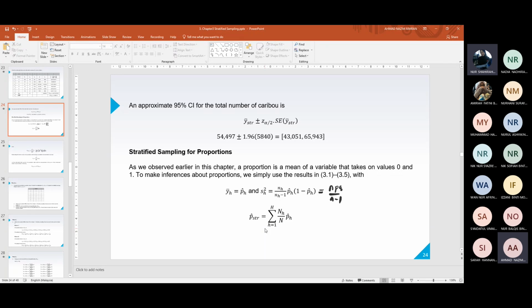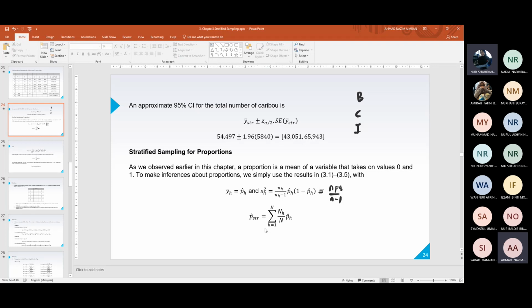For example, the female members in a population, let's say saya bagi contoh yang berkaitan dengan tadi, kita ada Bumiputra, Chinese and Indian.